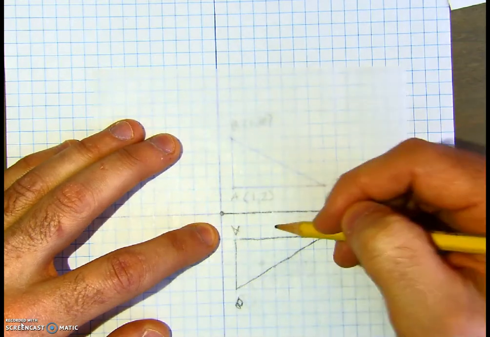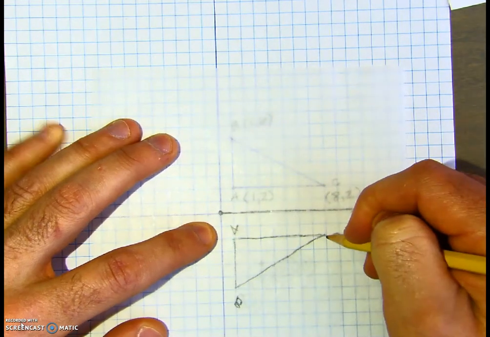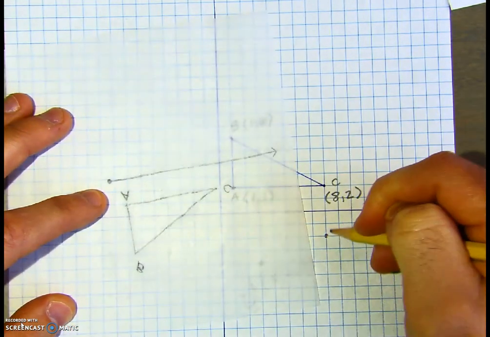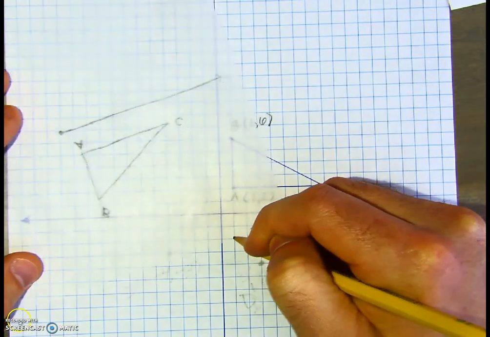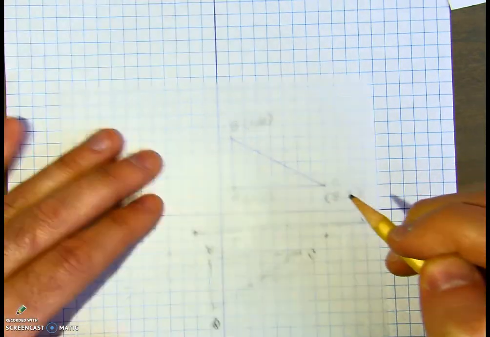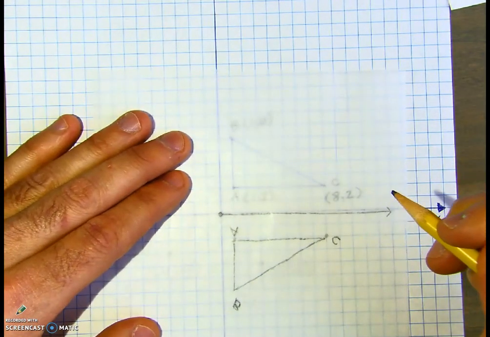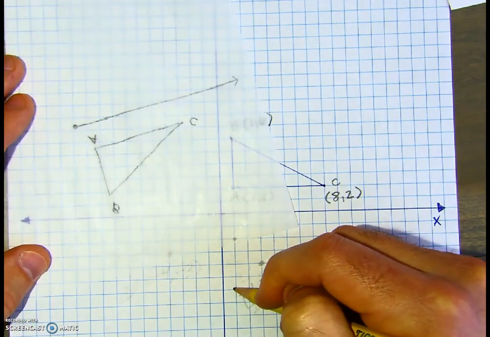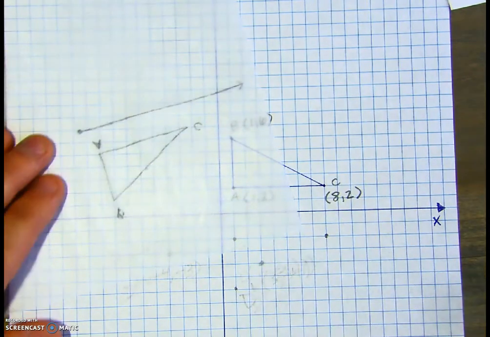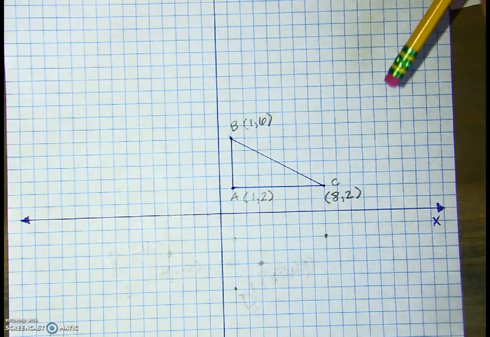Let's mark our new coordinates. All right, looks like C is going to be right there. Looks like A is going to be right there. And then finally, B is going to be right over here. All right, cool.